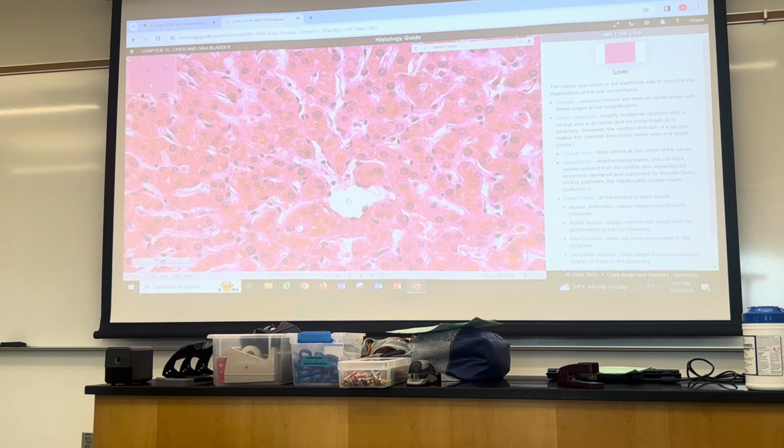Sound good? Say it one more time, could you? So central veins get collected up and drained to the hepatic veins. The hepatic vein goes to the inferior vena cava, where it goes back to the heart. You need to say hepatic vein versus hepatic portal vein, because portal goes in, and the hepatic vein goes out.